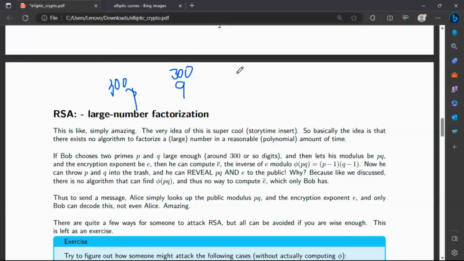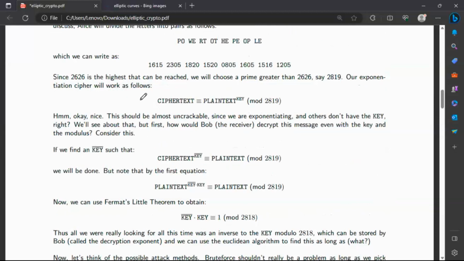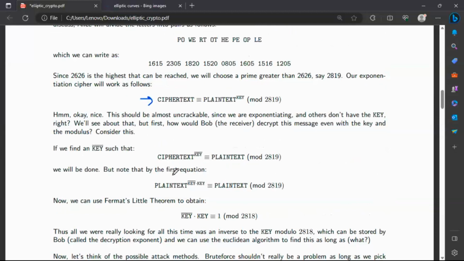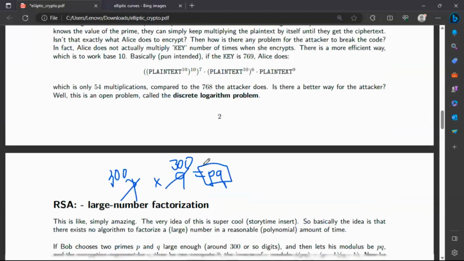So it isn't a difficulty for Bob to find those primes. He multiplies them together, and he gets this number called PQ. Nice. Bob lets PQ be the encryption modulus, and he basically uses this cipher. And he throws away P and Q. Throwing away P and Q is very, very important here.